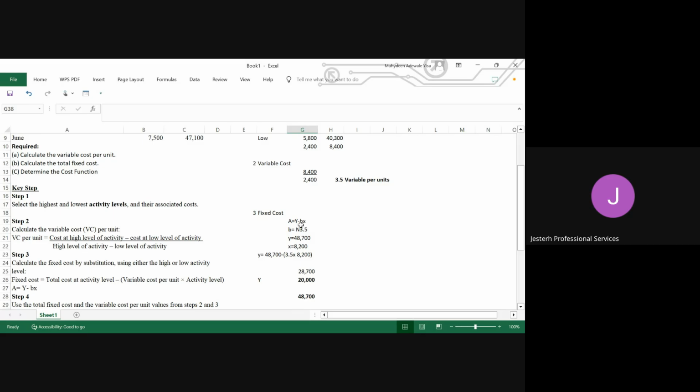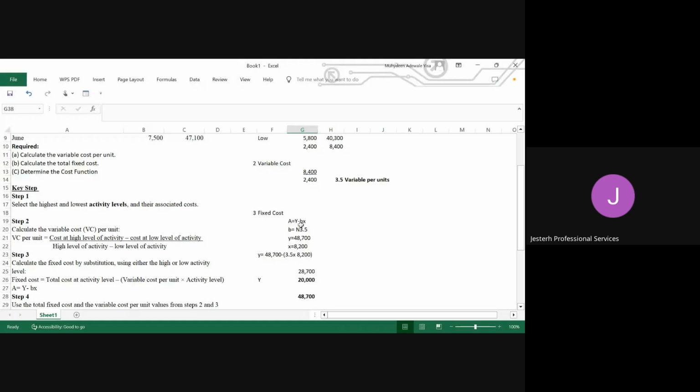We will say A is equal to Y minus B multiplied by X. Understand what the B stands for, understand what the X stands for. Once you are able to know this cost function, you are good to go whenever you see this kind of scenario in the exam hall.